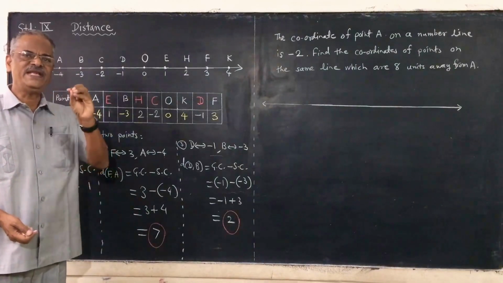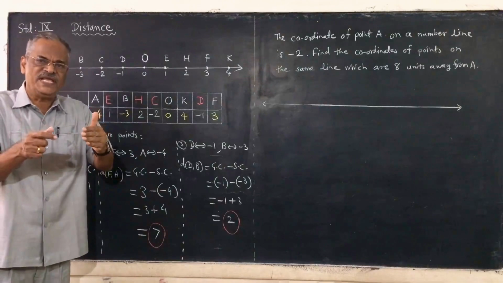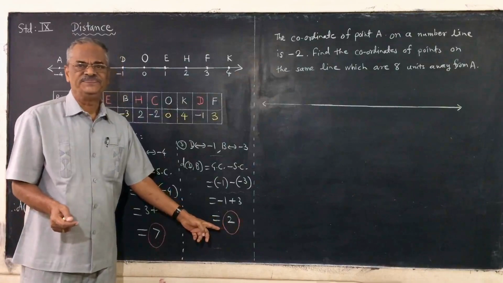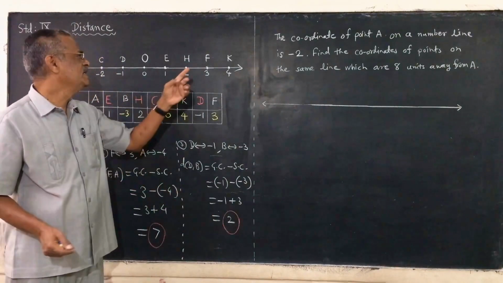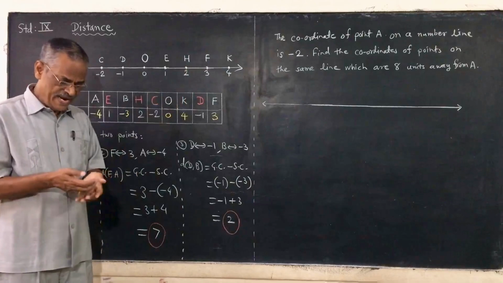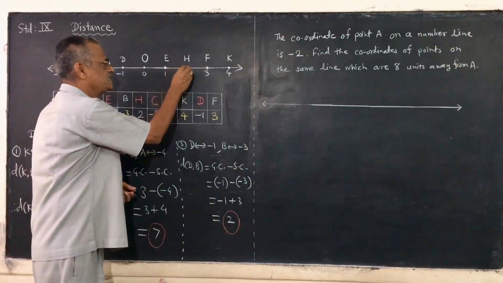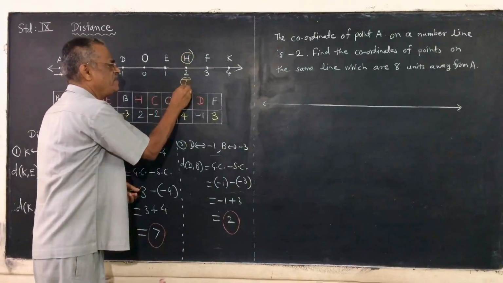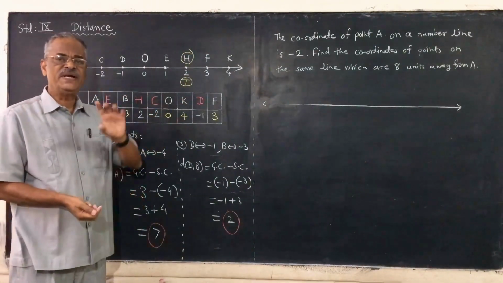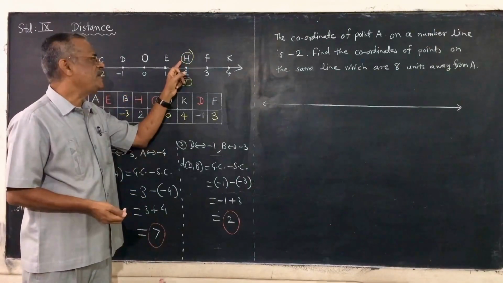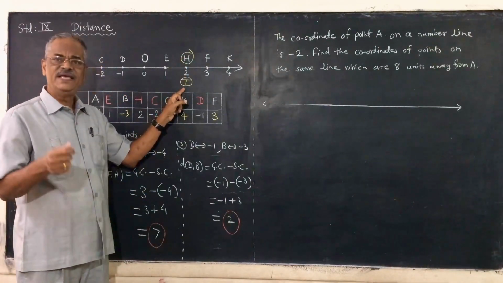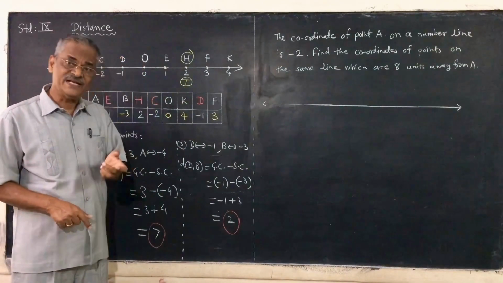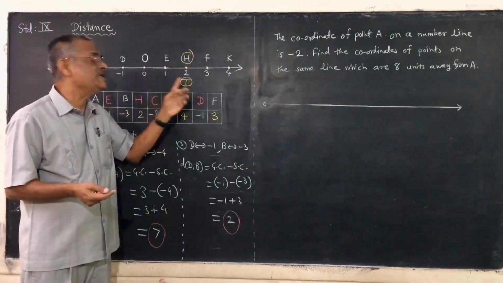Remember, you are getting the distance between two distinct points. It is not negative. But if you take H point and give a name to this same point, suppose this is T, H point and T point, same point, but with two names.